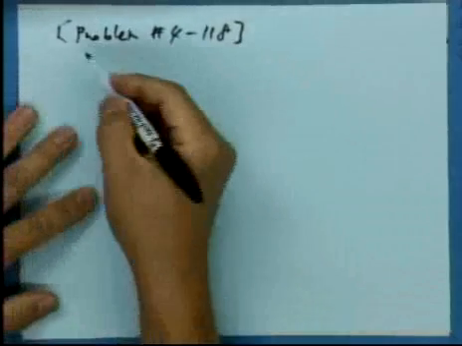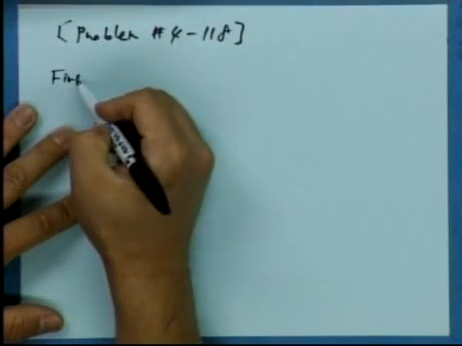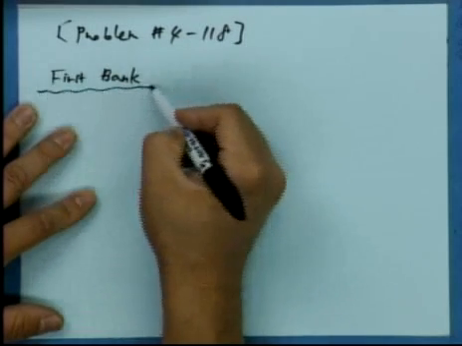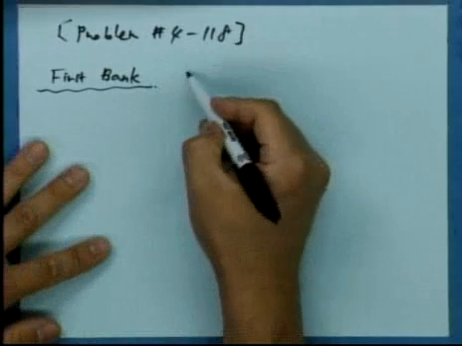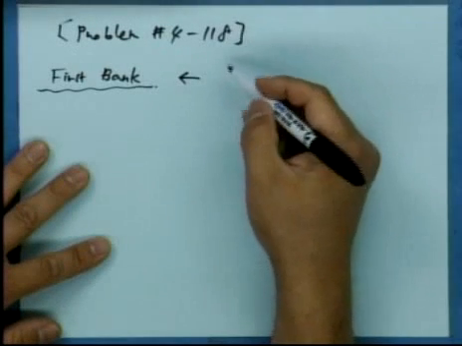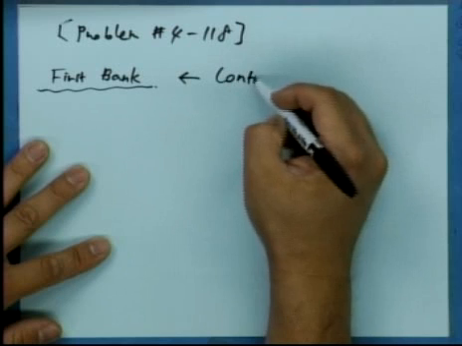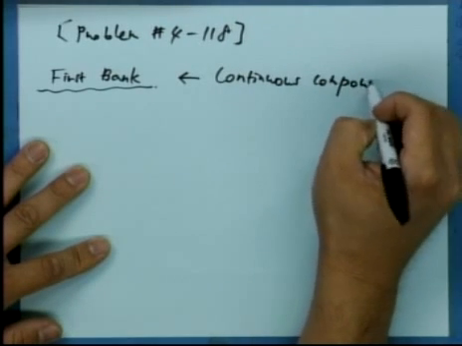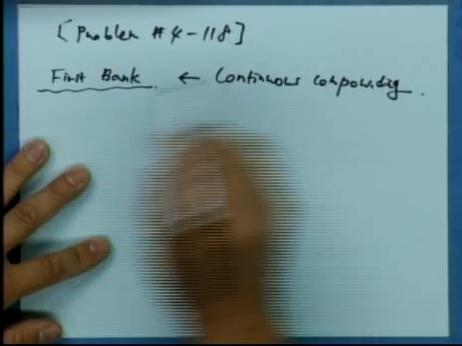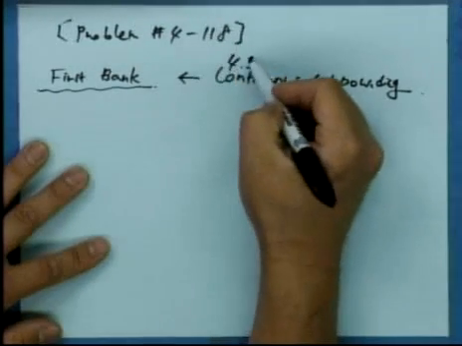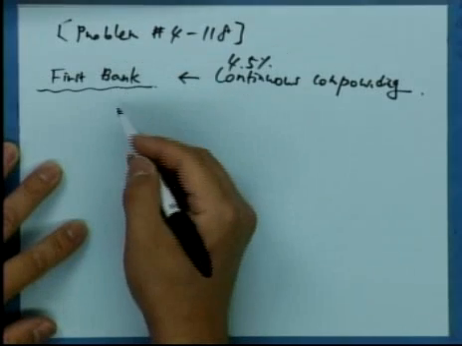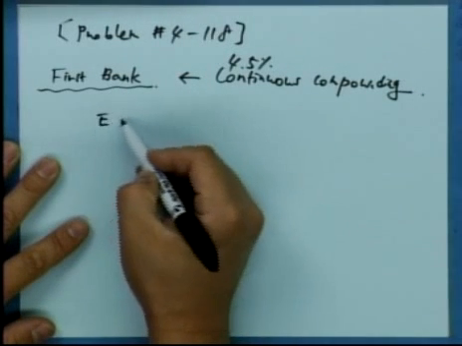So for the first bank, they are offering continuous compounding, right? For 4.5% interest, continuous compounding. So how do you get the effective interest rate for that?